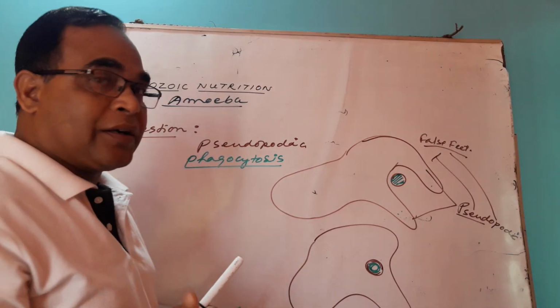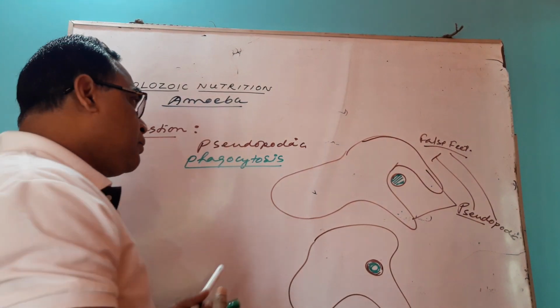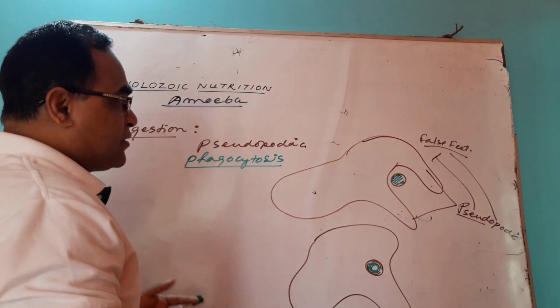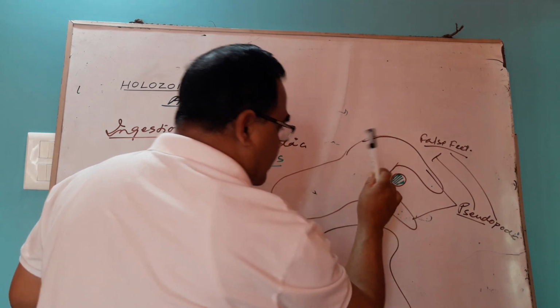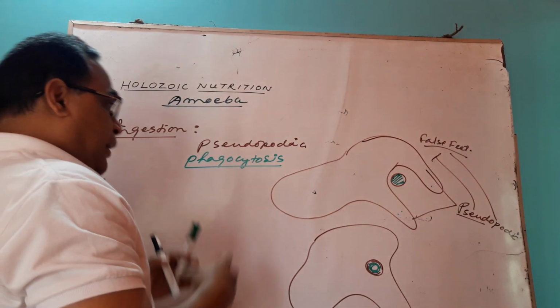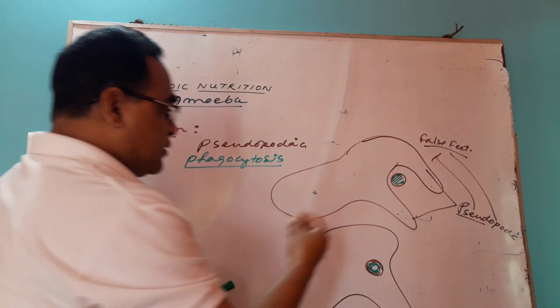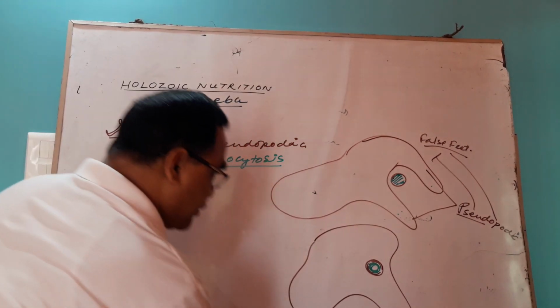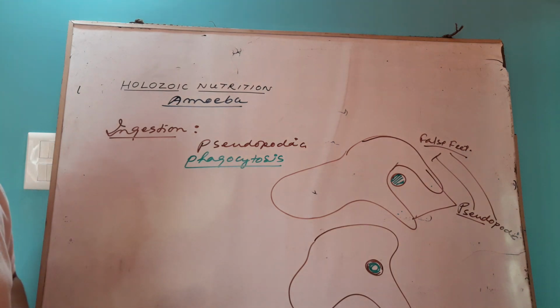So the ingestion part is done by amoeba with the help of pseudopodia. Pseudopodia are nothing but temporary extensions of the cytoplasm, and with their help the food gets into the amoeba. This type of ingestion is called phagocytosis.